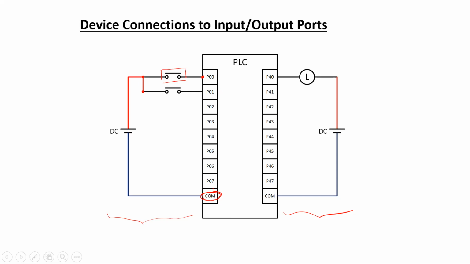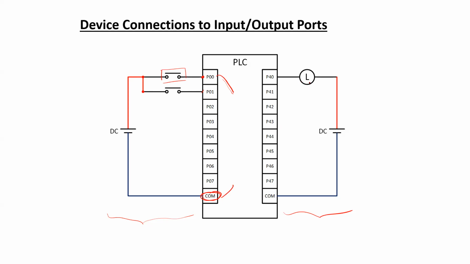Connecting any other input devices to other ports will also have a similar way of connection. As you can see in the second port, if you want to connect another input device, one terminal of the input device should be connected to the port, the other terminal should be connected to the power supply, and the power supply completes the path for current flow through this common terminal. Obviously internally there should be some connection between these two ports, that I will try to show you a little bit later, how the path of current flow normally is completed.